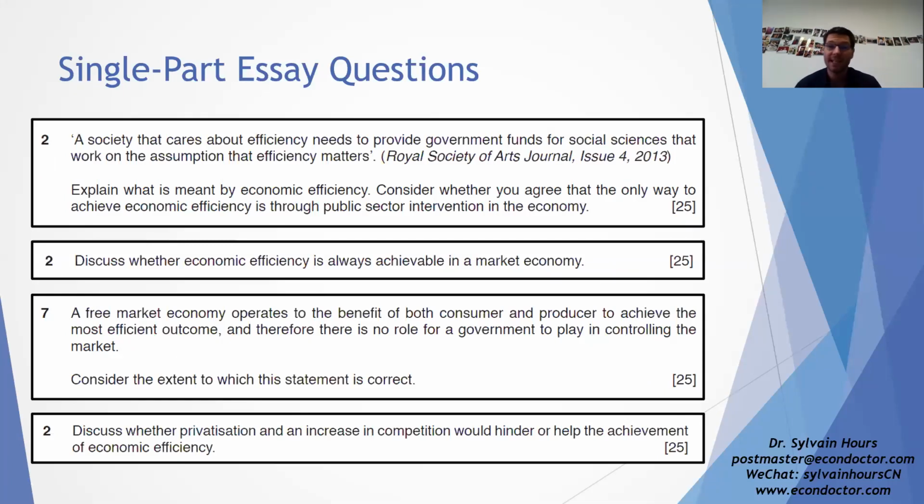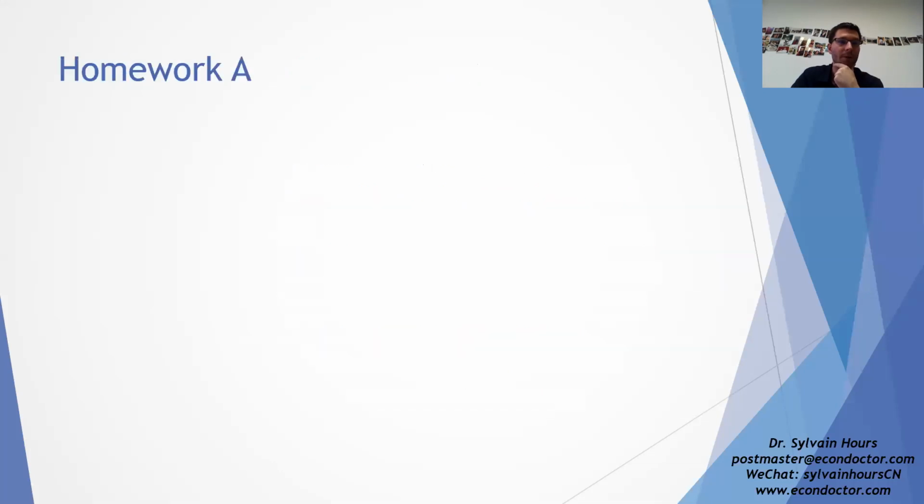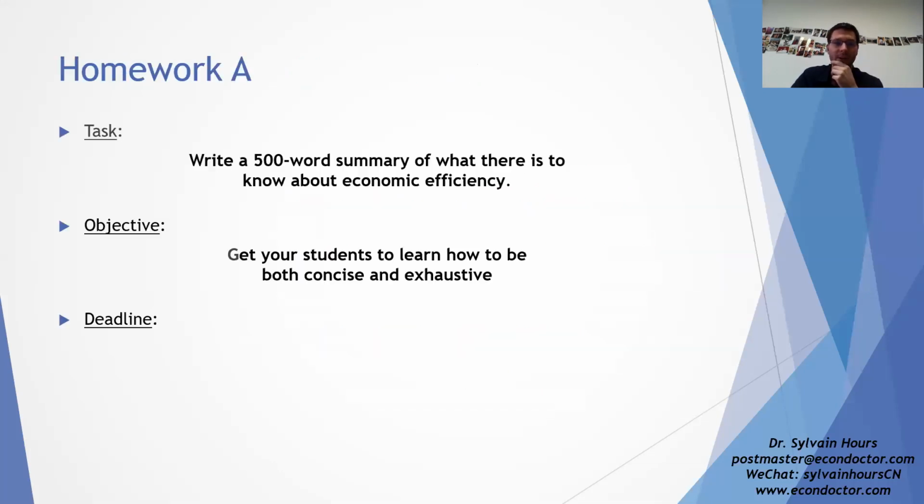So it might be less than 500 words, perhaps 300 to 400. But this is usually the first thing that the students must do when they choose this type of essay question. So that's why I think that this homework A, when they write a summary of economic efficiency, will be useful to prepare them for paper 4 if they want to pick an essay question about efficiency.